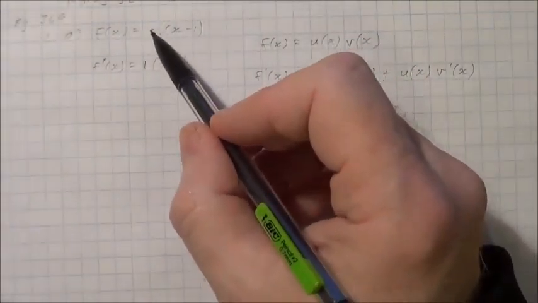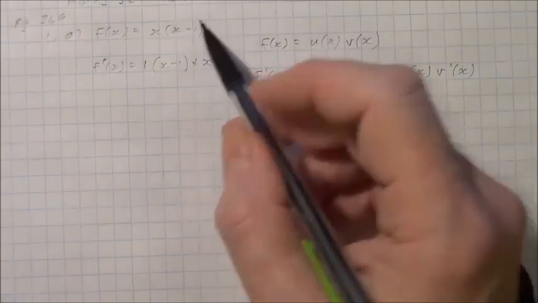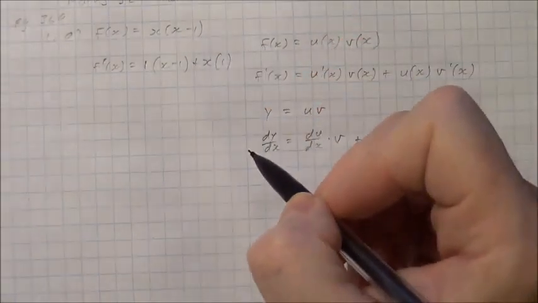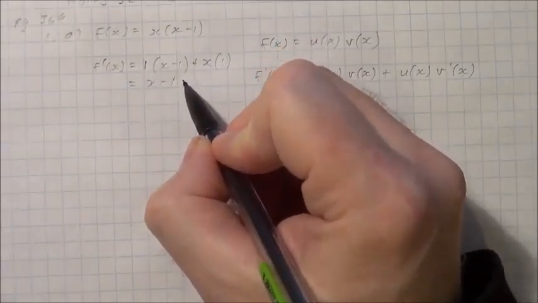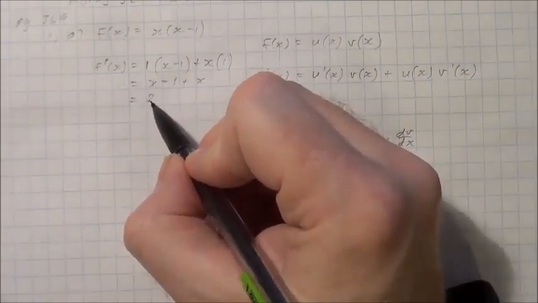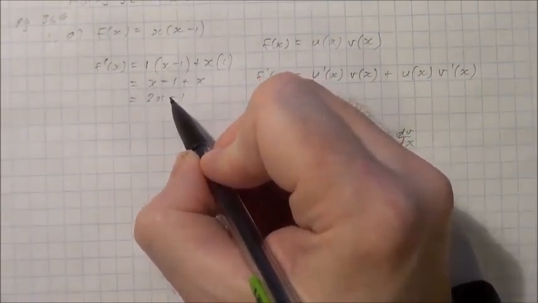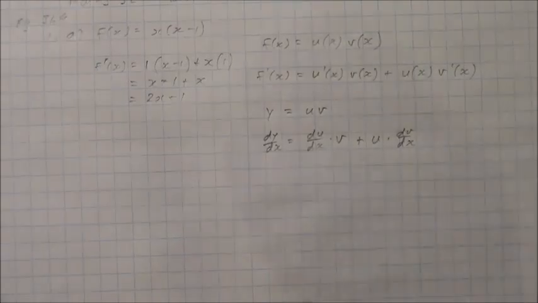And then we take the first and multiply by the derivative of the second, and in this case it will just be 1. We simplify this a little bit, so we get x minus 1 plus x, and then we end up getting 2x minus 1 as the final gradient function, or the final derivative.